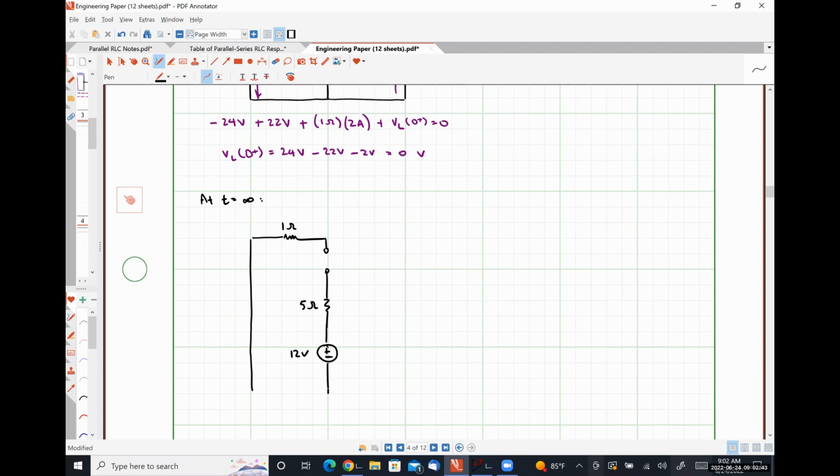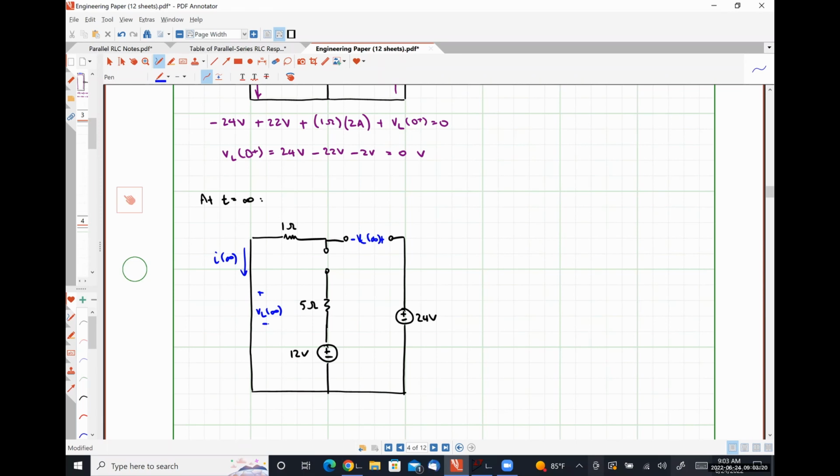I'm going to replace my capacitor with an open circuit. Labeling my quantities of interest, I'm going to have VC at infinity, I at infinity, and VL at infinity.